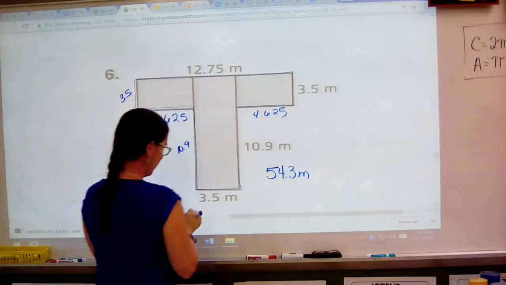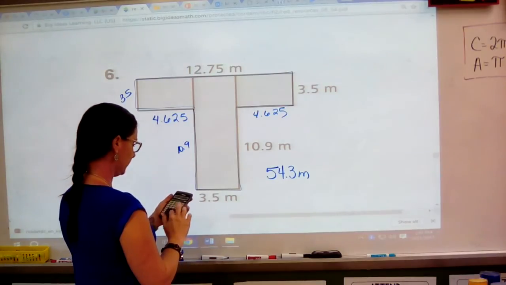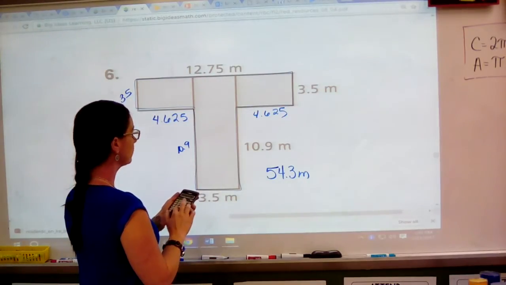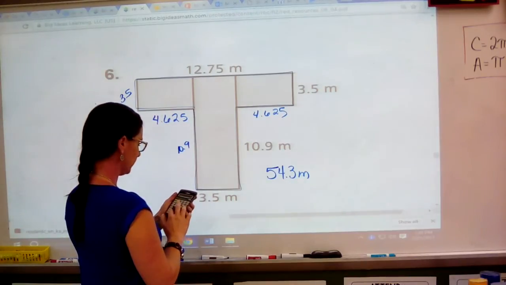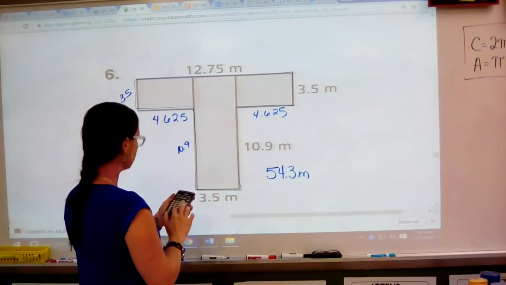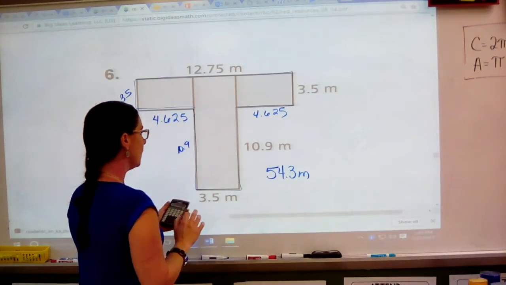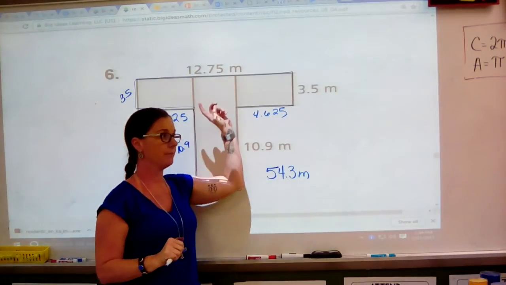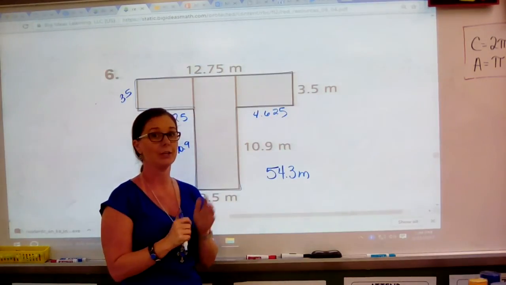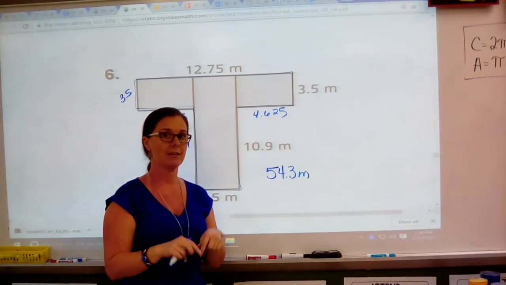I'm just going to check that one more time. Okay, so 54.3 would be your perimeter, the distance around my composite figure. So again, area would be the amount of space inside, perimeter the distance around the outside.